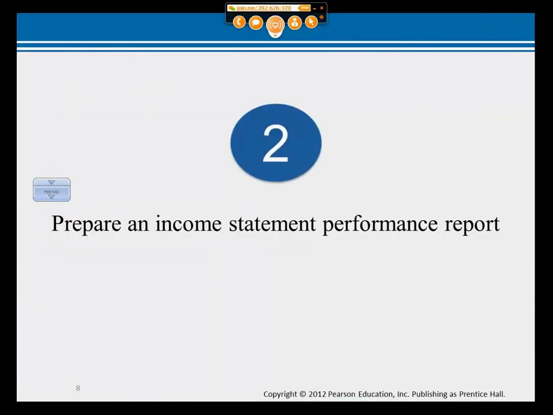Okay. So how do we prepare this income statement performance report? So we'll be using for this our flexible budget. Why do we need this income statement performance report? We want to let our managers know why and where this unfavorable change occurred, or maybe favorable, so that we can grow from this, right?